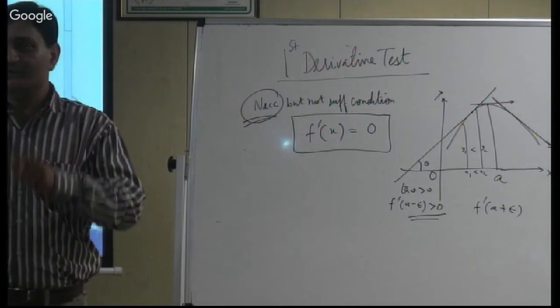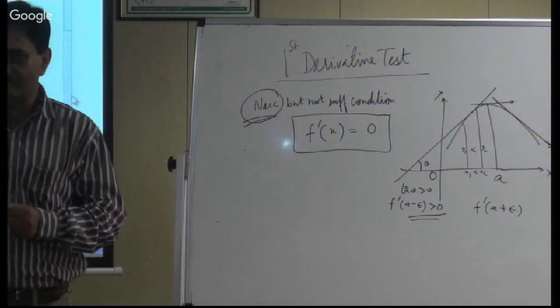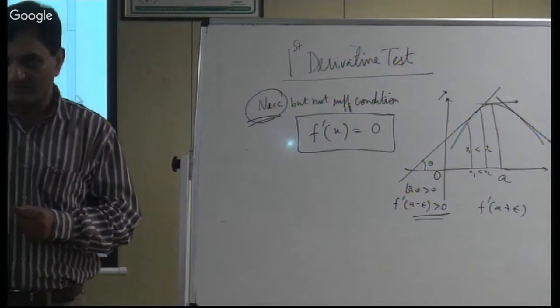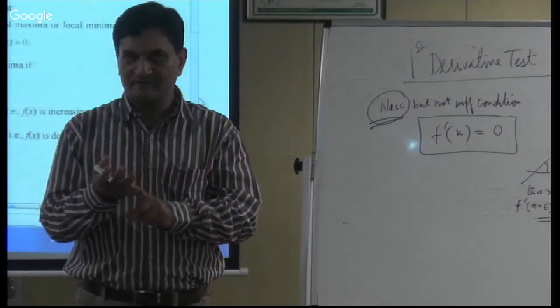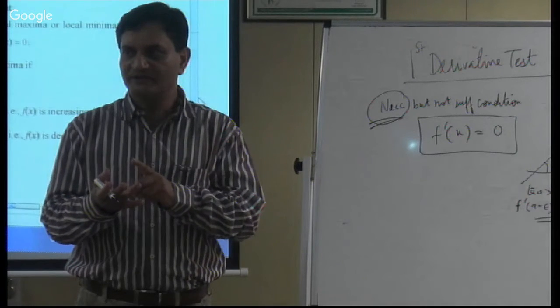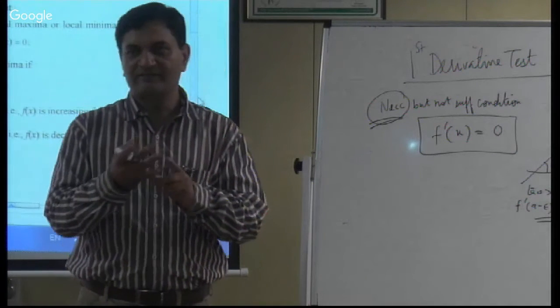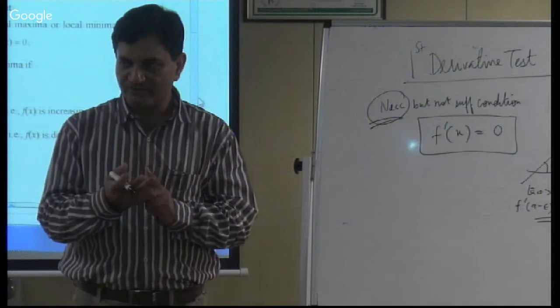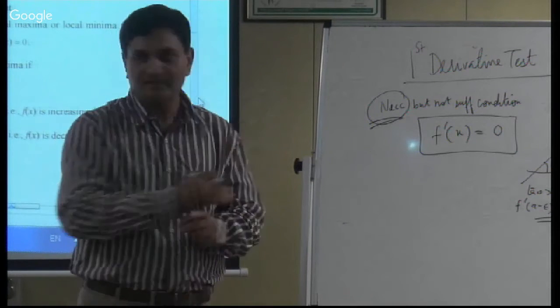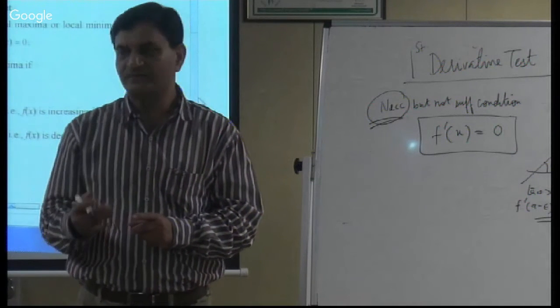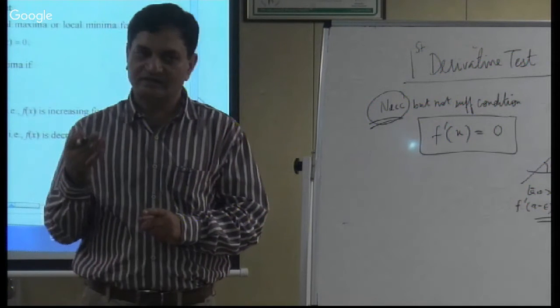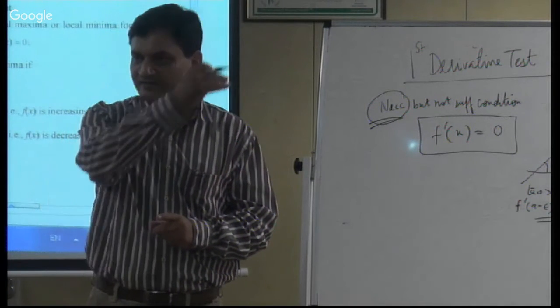So remember, the first derivative test we can use to find the point of local maxima. At that point, the derivative will be 0. On the left hand side, the derivative will be positive because the function is increasing, and on the right hand side of that point, the derivative will be negative because it is decreasing.